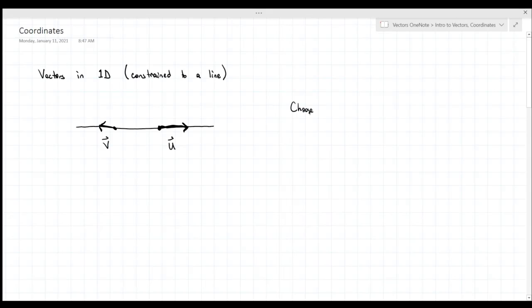So we choose an arbitrary direction along this line to be the positive direction.